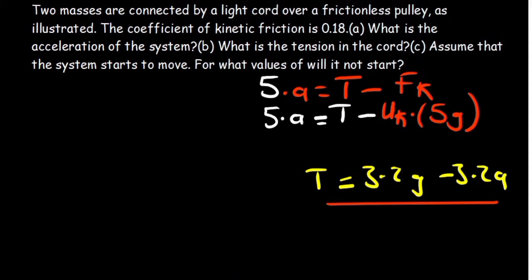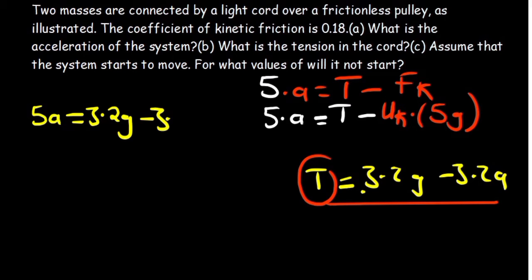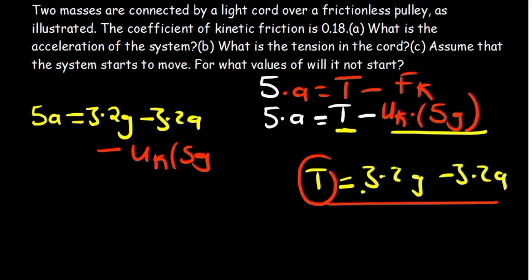To find our acceleration, we plug in the tension coming from the other equation. So 5a is equal to, for our tension, 3.2g minus 3.2a, remaining with minus mu k multiplied by 5g. Let's substitute now and see what we find.